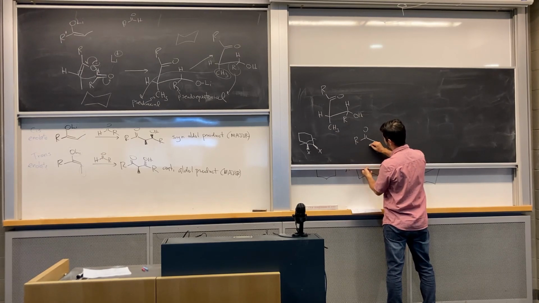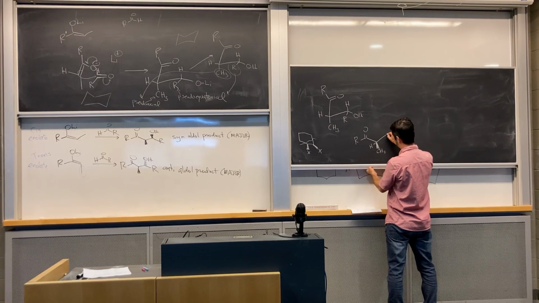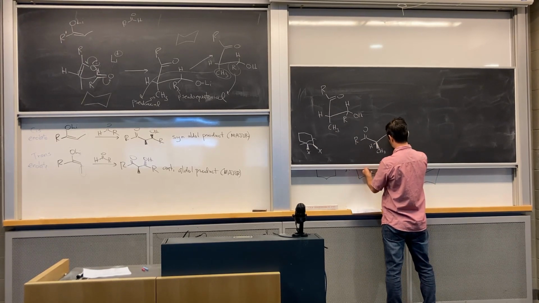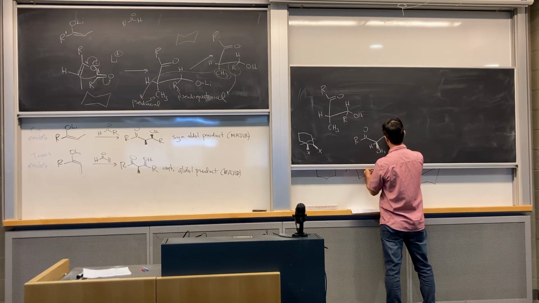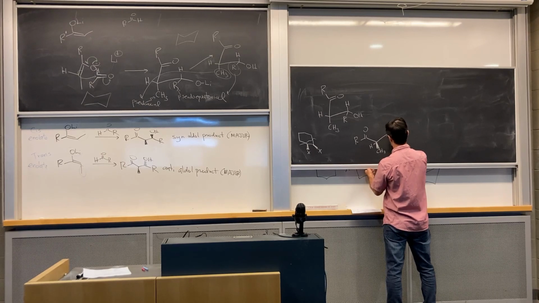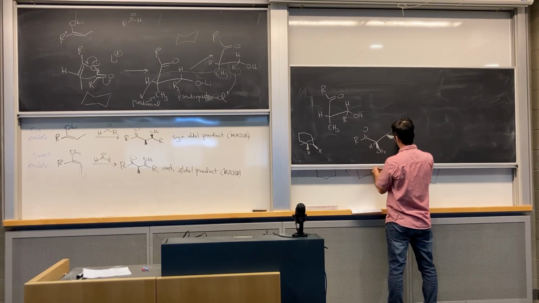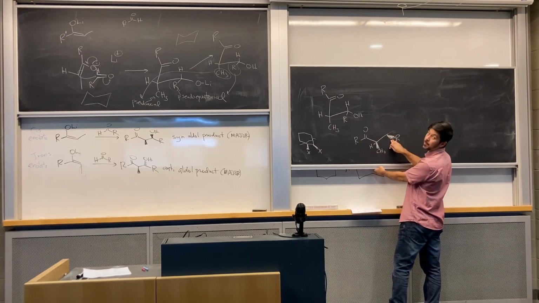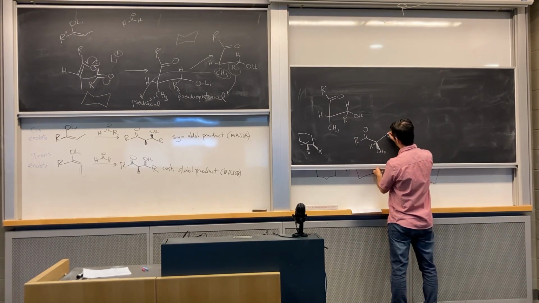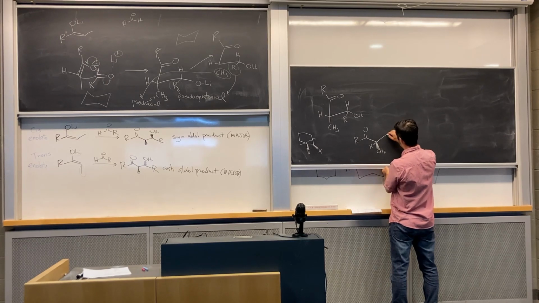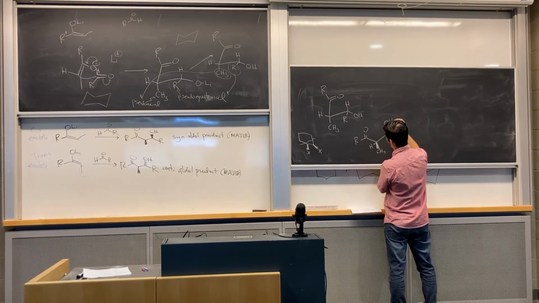I'm just going to draw the hydrogen here, and then here I'm going to draw this R group, which would be coming towards us, and then you'll have this hydrogen going away, and then you'll have this OH group.